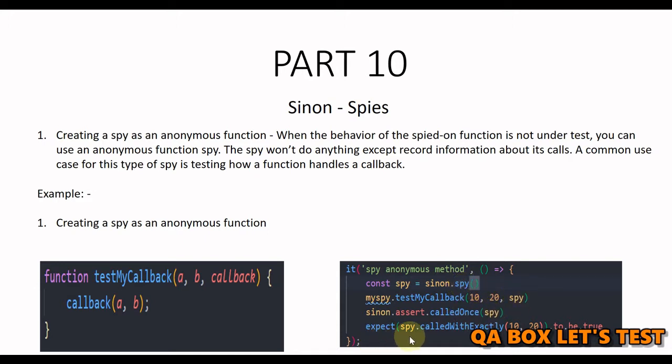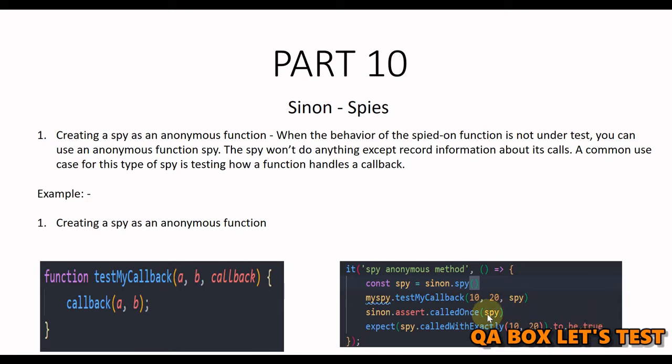Then we are checking that when this spy is called, it is provided these two values, 10 and 20. So this is your arrange, this section is your act, and these two are your assertions. We are following the triple A model here.